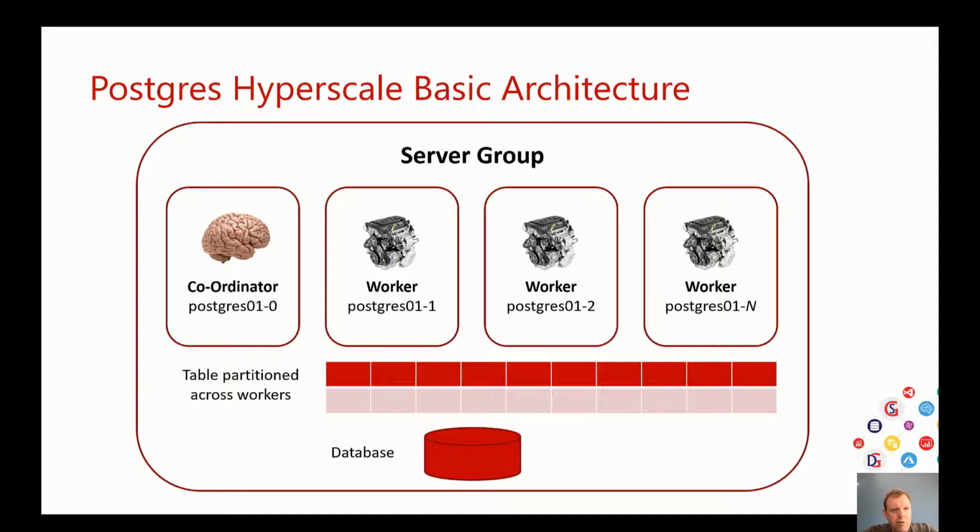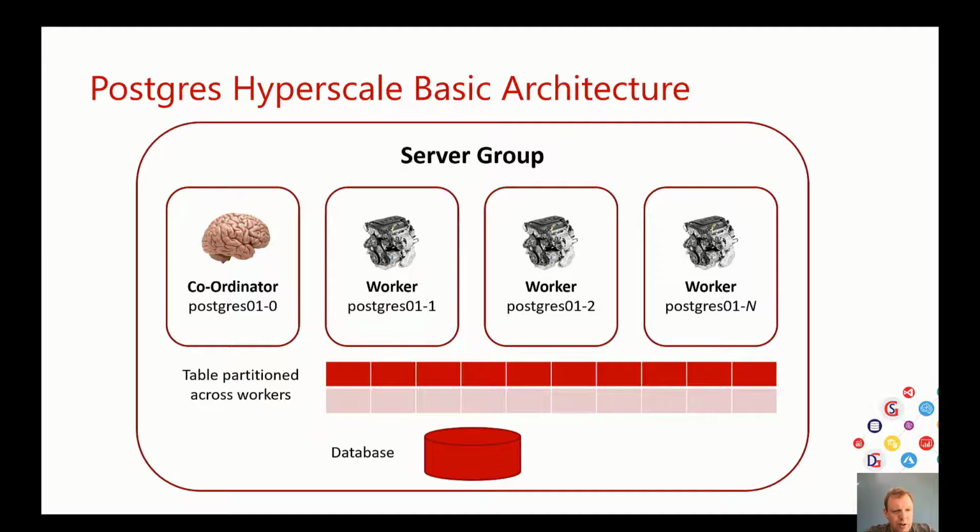Your basic Postgres Hyperscale architecture consists of a coordinator and a number of worker nodes per server group. The thing that you actually deploy, which is analogous to a SQL Server instance, is a server group. Your workers are the things which do all the grunt work and heavy lifting.